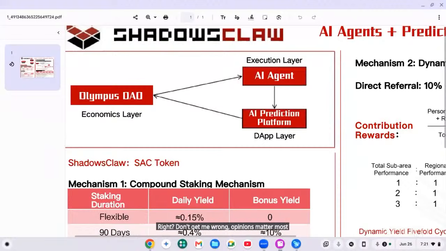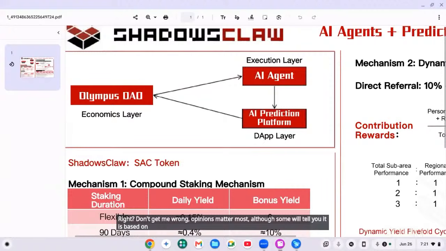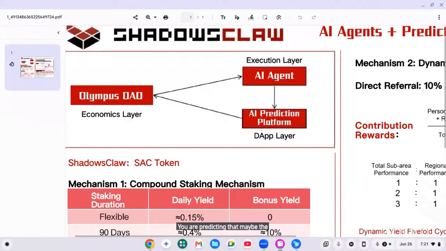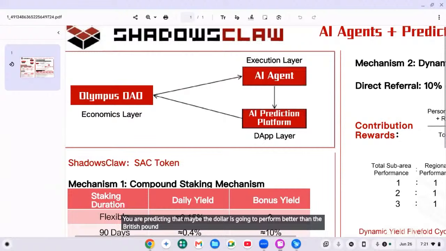Although some will tell you it is based on technical analysis and some form of chart, at the end of the day, basically, all you are doing is, after doing your checks, predicting that maybe the dollar is going to perform better than the British pound. So you put your money on the dollar, predicting that it is going to rise against the British pound.